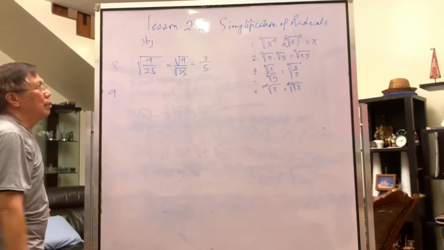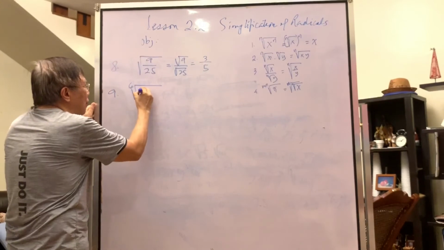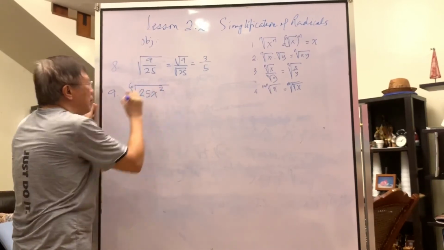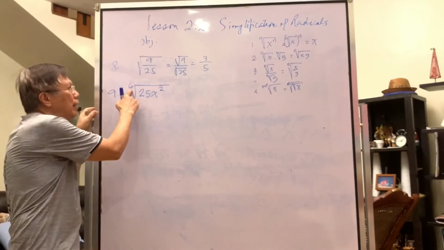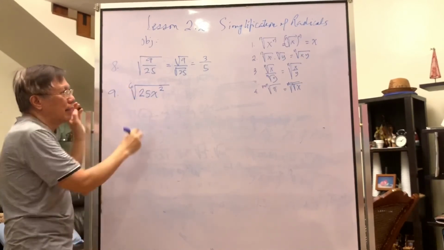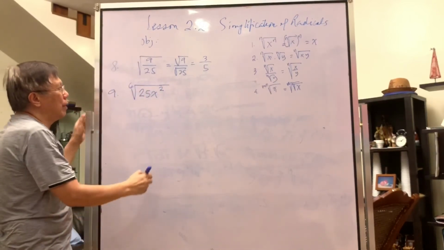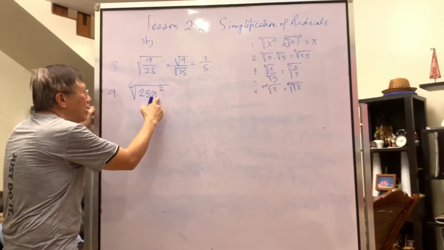Number 9. Suppose we have 6th root of 25x squared. One way of simplifying this is splitting this index, like we have here for law number 4. Notice that the radicand here is a perfect square.